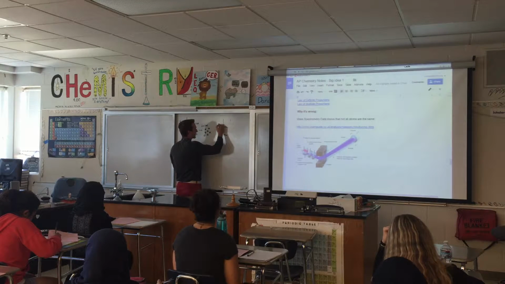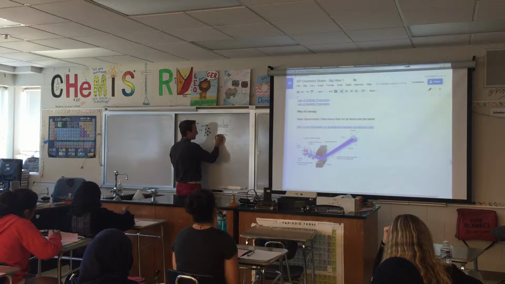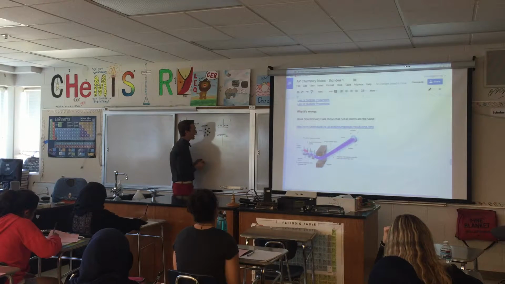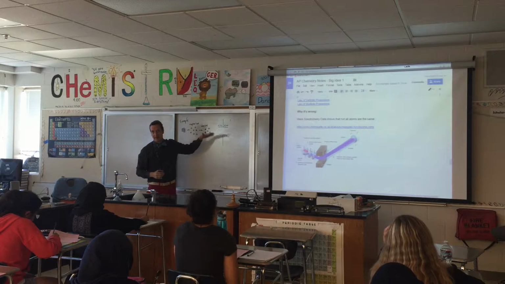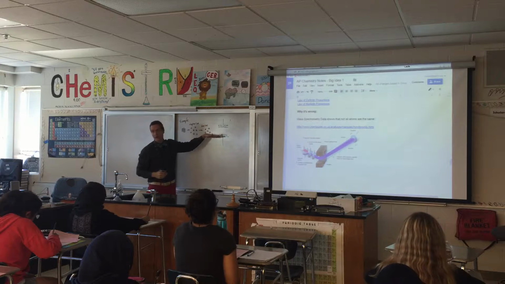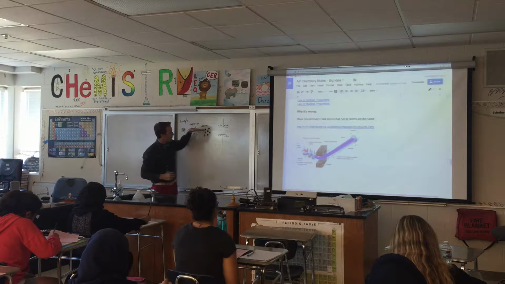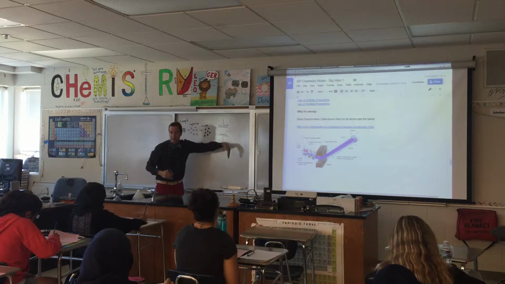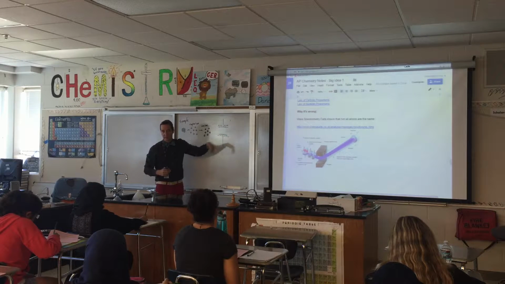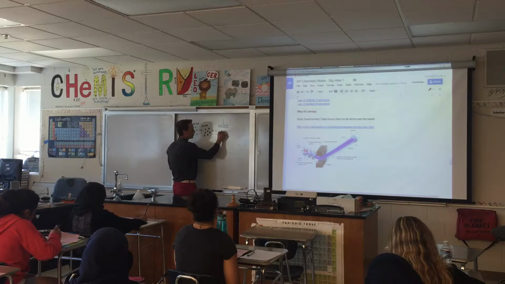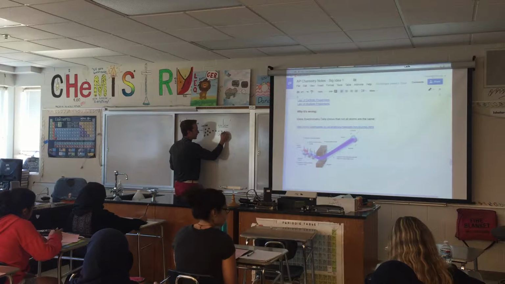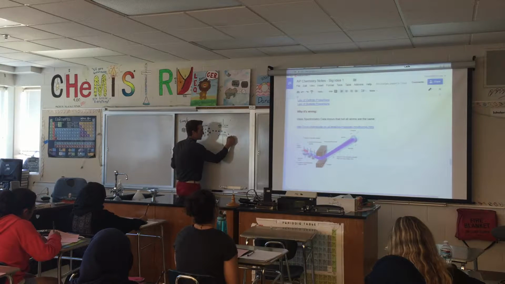So if we set up an electric field and we make one plate positive and one plate negative, then we know these ions are going to change their path. They're going to be repelled by the positive part, attracted by the negative part. So if they come in traveling this direction, they're going to change their course.